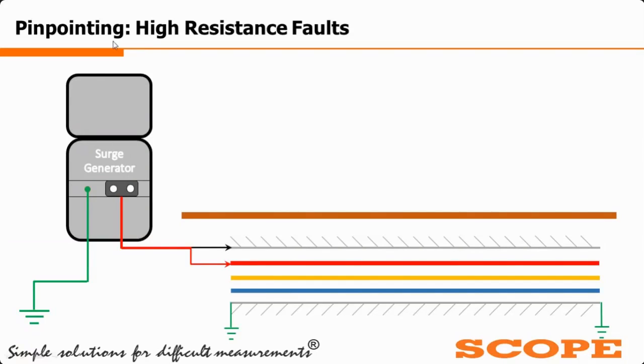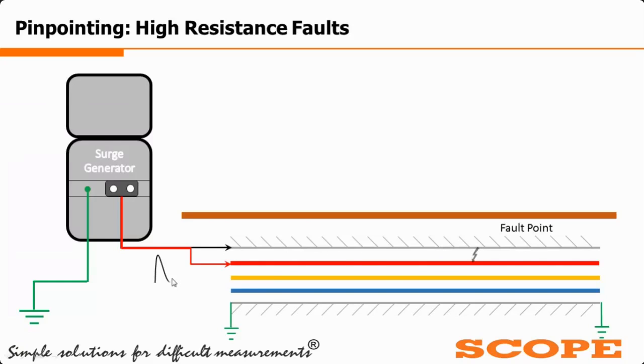Scope provides a timer for applying the surges into the cable. Whenever a surge travels from one end to the other, a magnetic field is produced, and at the fault point, due to weaker insulation levels, this high voltage will cause a breakdown.